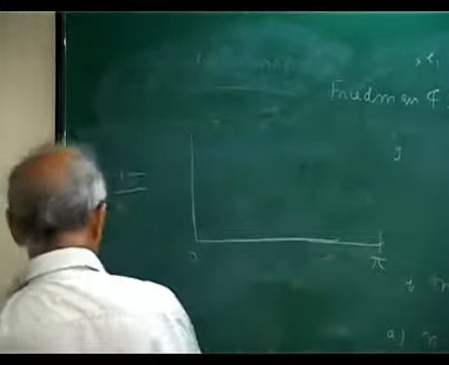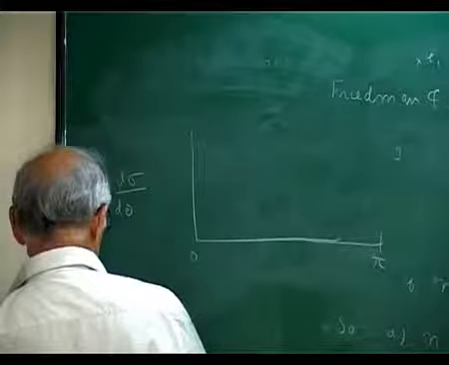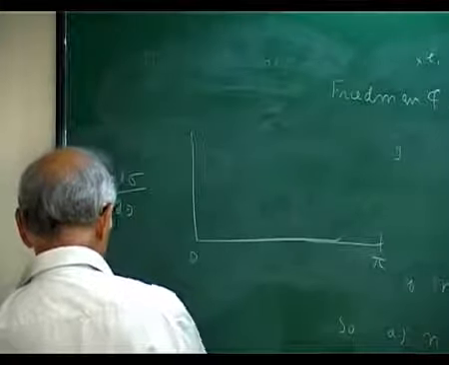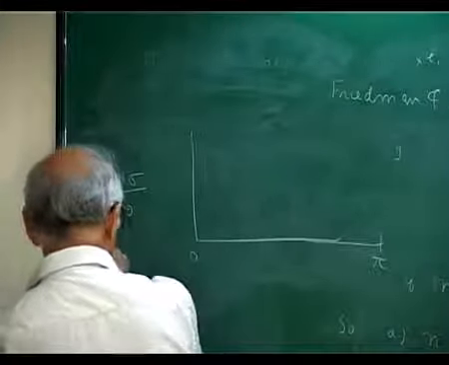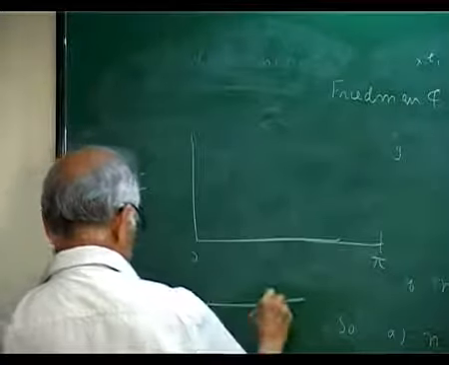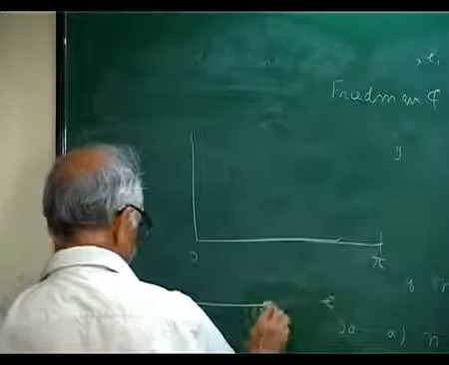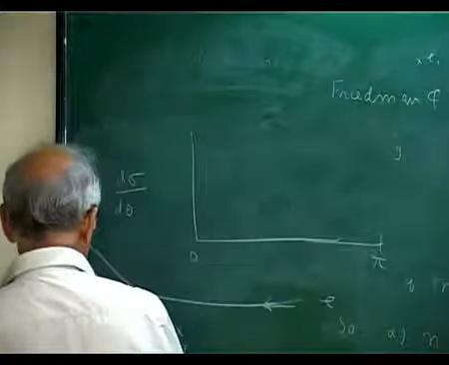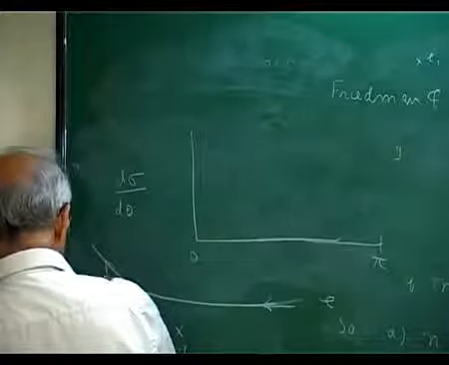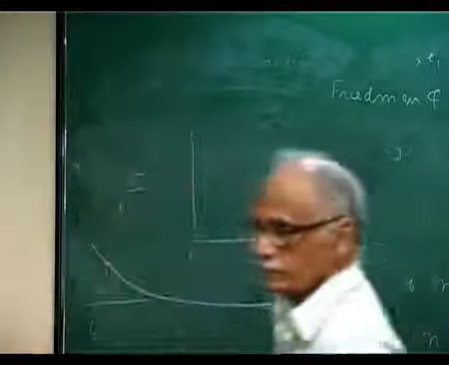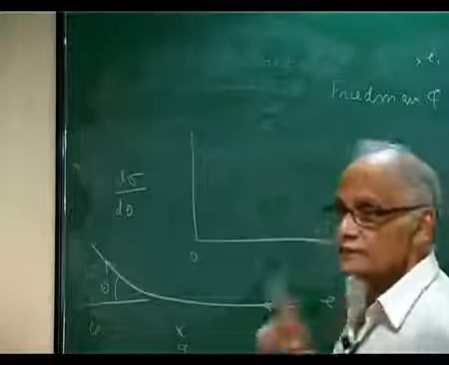So theta is the scattering angle, right? I have a monopole here, and this electron is coming like this and going like this, and this is my scattering angle. Now this cross section is very remarkable.